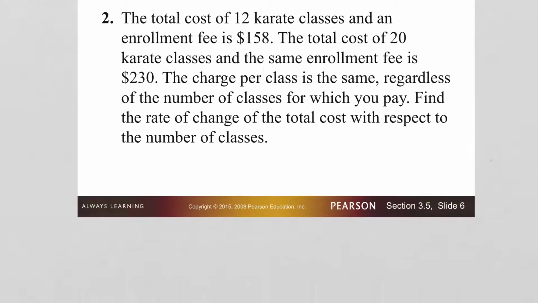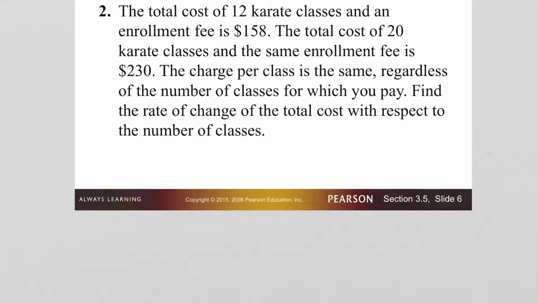Okay, so let's make some ordered pairs here. So you need to understand which one is your independent, which one is your dependent. Well, think about this. The cost of your classes depends on how many you take. So the number of classes is your independent, the cost is your dependent.